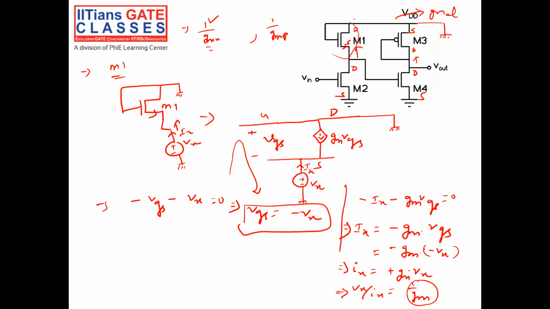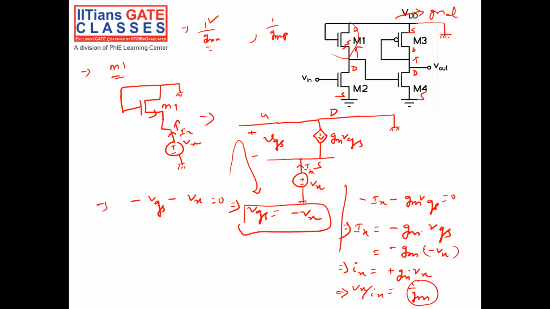So this transistor can be replaced by an equivalent resistance of 1 by gmn. This is my first proof. And see, I did not put a resistance R0 here because it is given that R0 is equal to infinity. Okay.